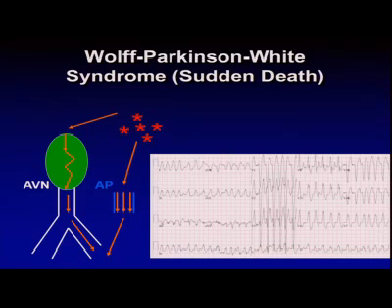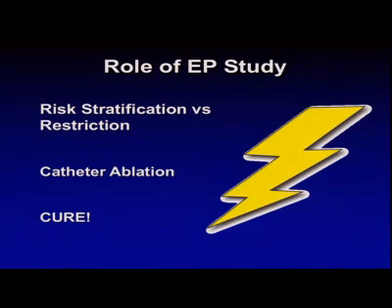The pathway says, come on through, it's a party. The ventricle also goes in a party, and that party is ventricular fibrillation, and that's what causes sudden cardiac death. So this is the reason why patients with WPW are at risk for sudden cardiac death. It's how fast that pathway can conduct electricity, and that's what leads to syncope and sudden death in these patients.